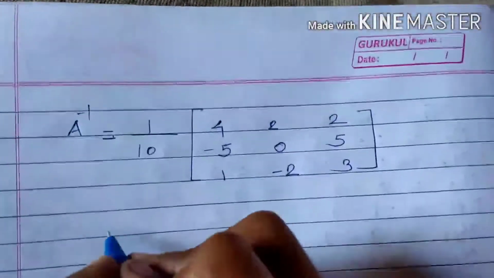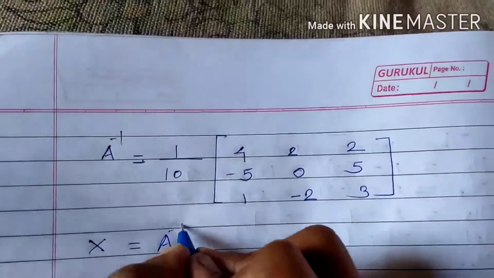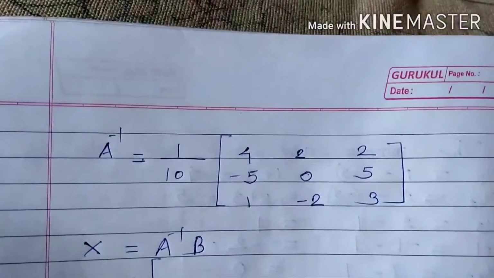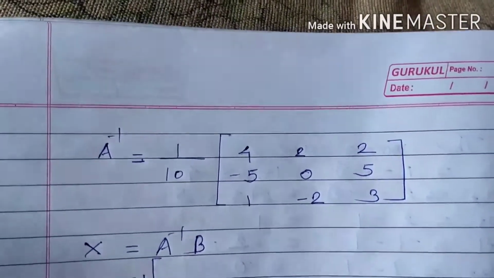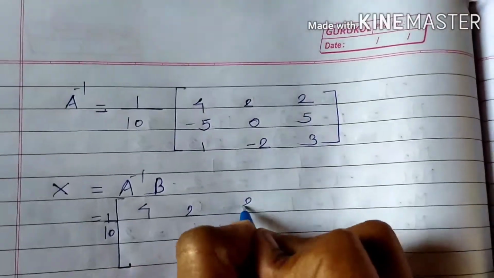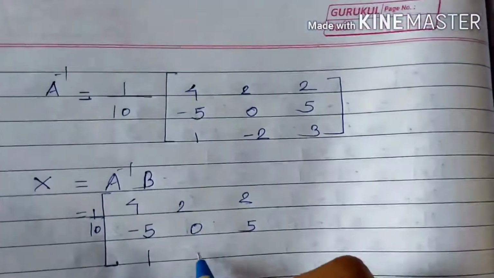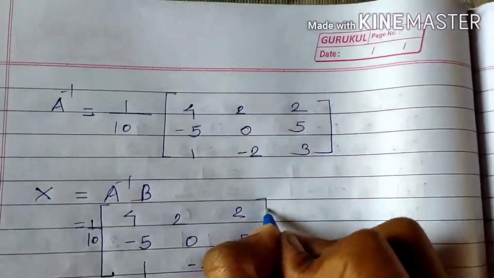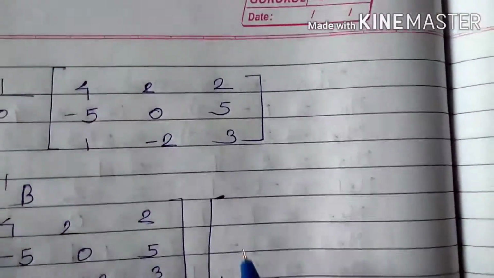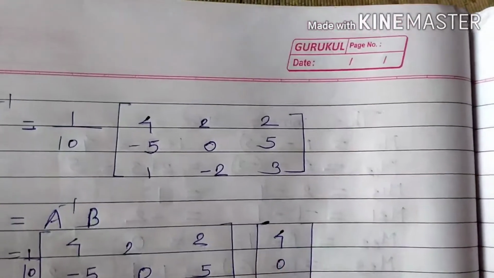So to find x, put the values of A inverse. X is equal to A inverse into B. Values of A inverse is 1 upon 10 and 4 2 2, minus 5 0 5, 1 minus 2 3, and value of B is 4 0 2.